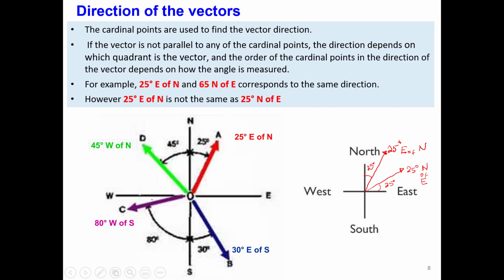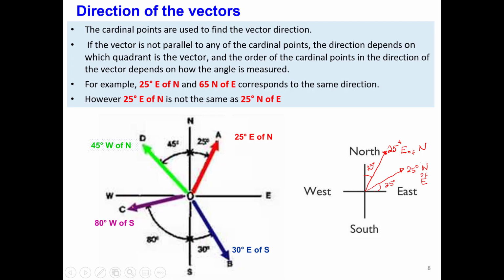And here I have a few more examples for this vector, and we already discussed this one is 25 east of north. And we can say the direction of the vector, let's start with B, will be 30 degrees east of south, as is represented here, because we start measuring from south.